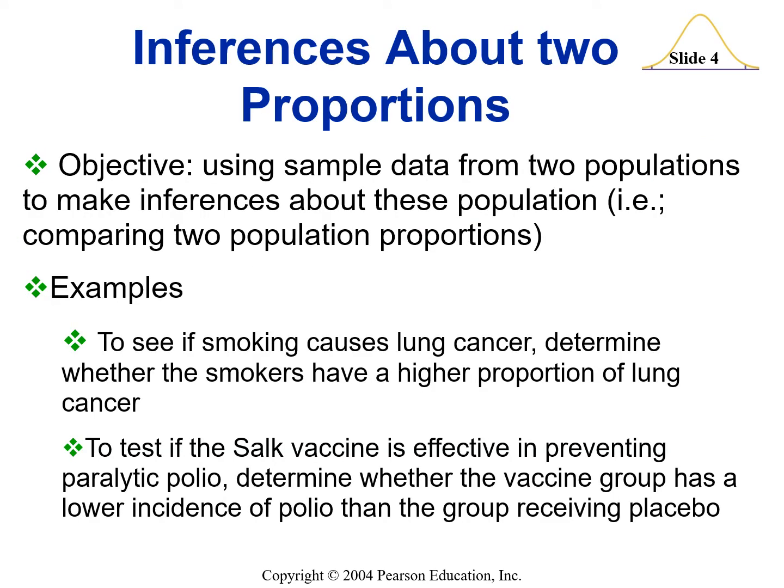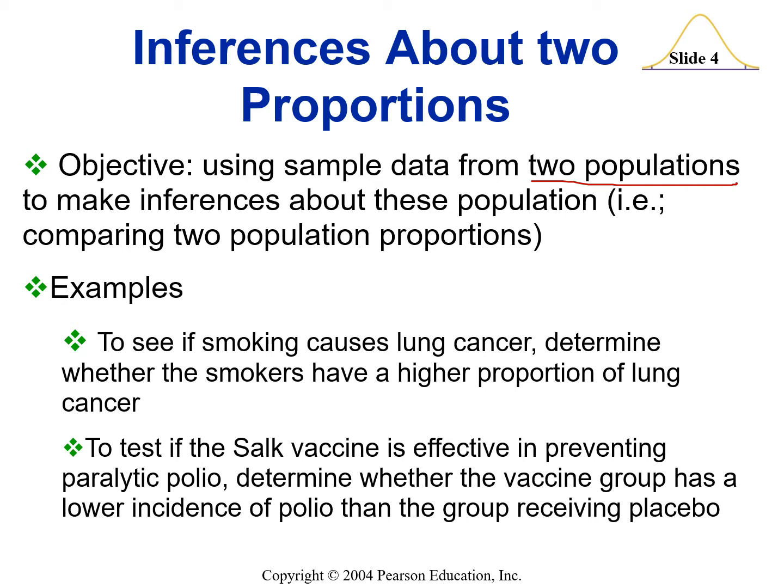Let us start with the first point, which is inferences about two proportions. In the previous lecture, we saw how to conduct hypothesis testing for one population proportion. Now the objective is to use sample data from two populations to make inferences about these populations.